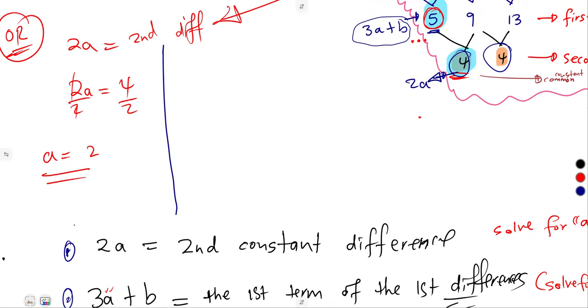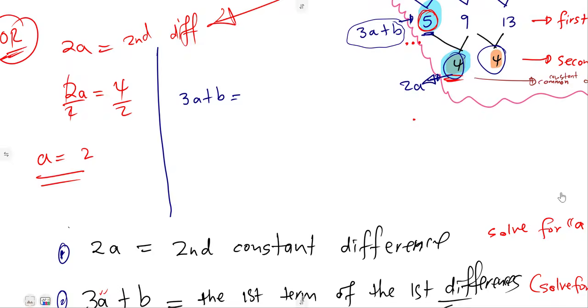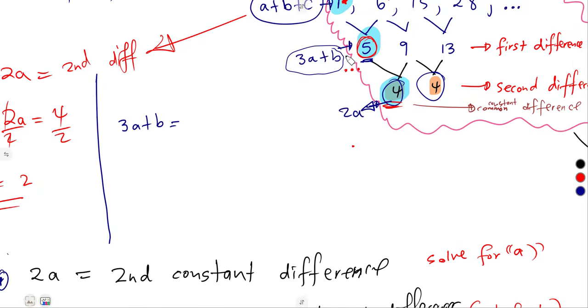We move on. 3a plus b is representing what? 3a plus b represents the first term of the first differences, which in this case represents 5, from the sequence that we are dealing with. So 3a plus b is equal to 5.